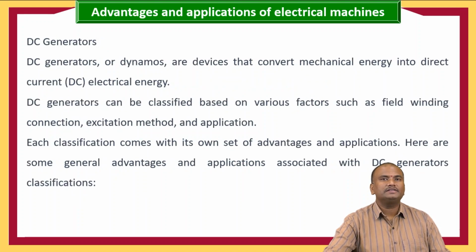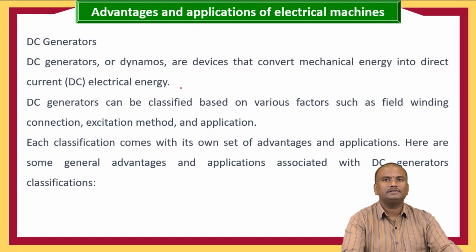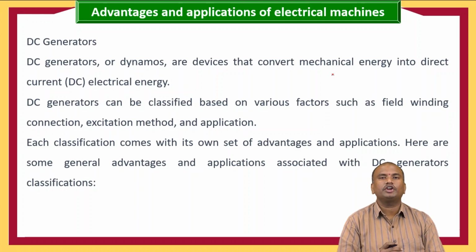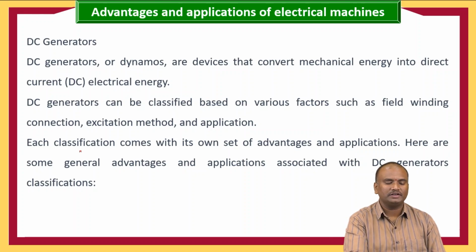The next one is DC generators. The DC generators or dynamos are the devices which are going to convert mechanical energy into electrical energy, and these DC generators are classified based on various factors such as field winding connection, excitation method, and applications.